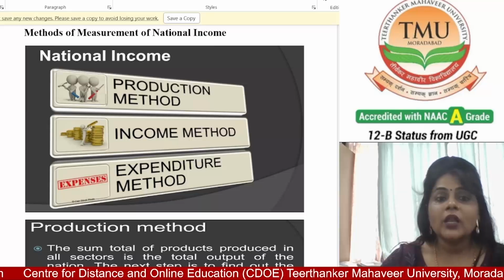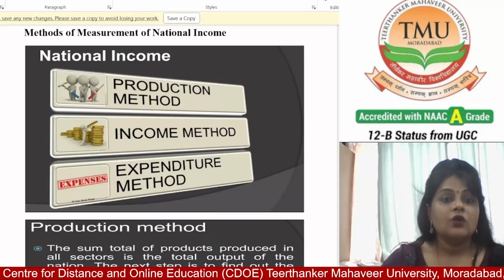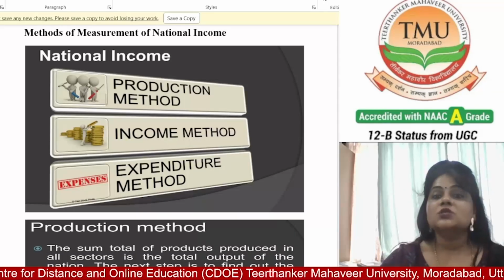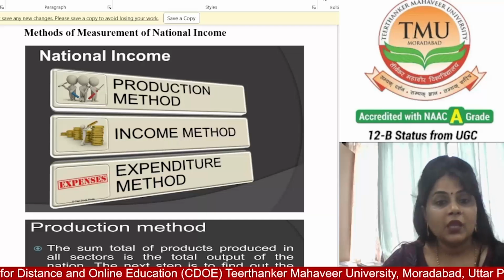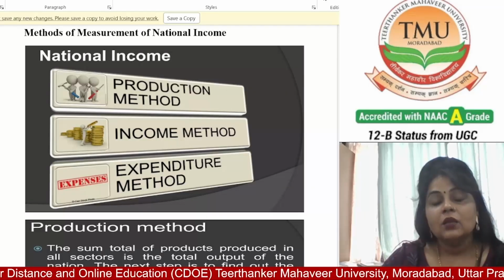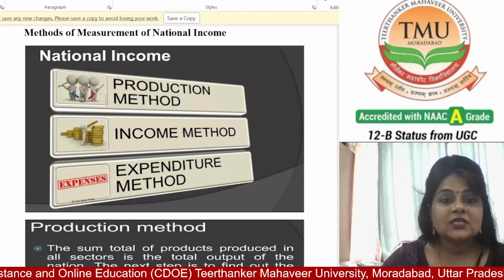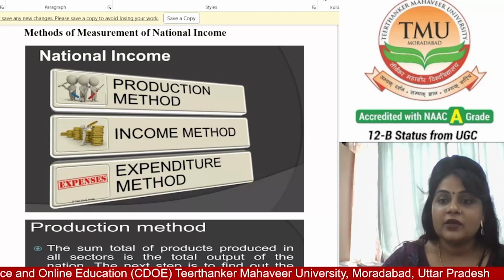The total amount of income accruing to a country from economic activities in a year's time is known as national income. It includes payment made to all resources in form of wages, interest, rent, and profit.